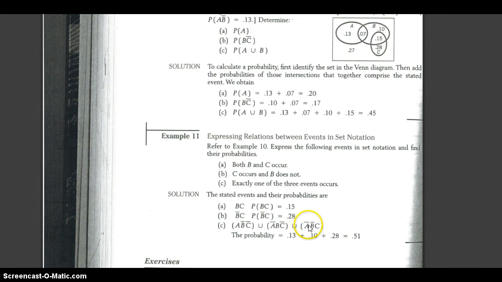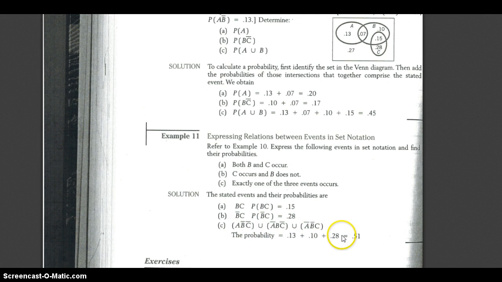And the last one is A bar, B bar, C. So it's outside A and outside B, but inside C. So focus on the circle C. We want it to be inside of C, but you have to take B away, because we want outside of B. So that's the bottom part, 0.28. We add these three sections together because it's the OR case: either this or that or that.